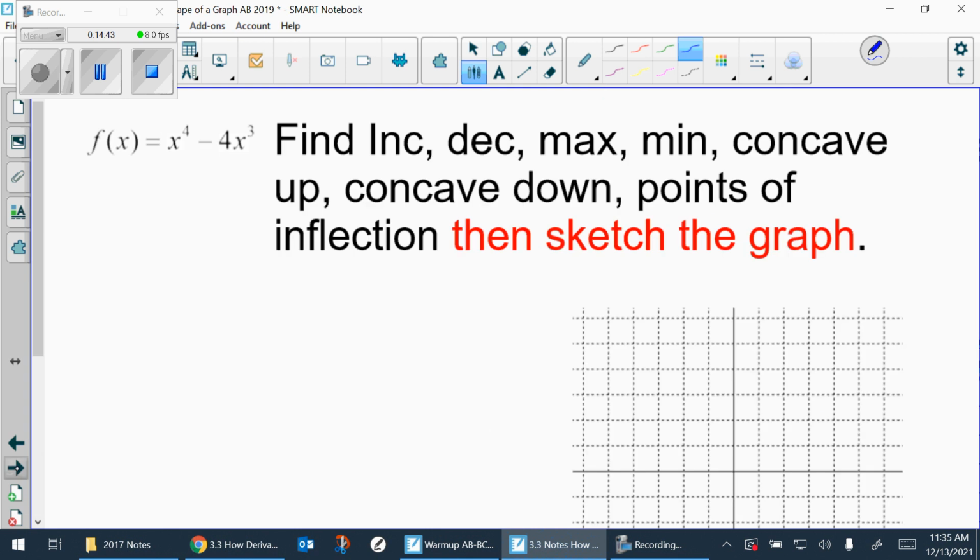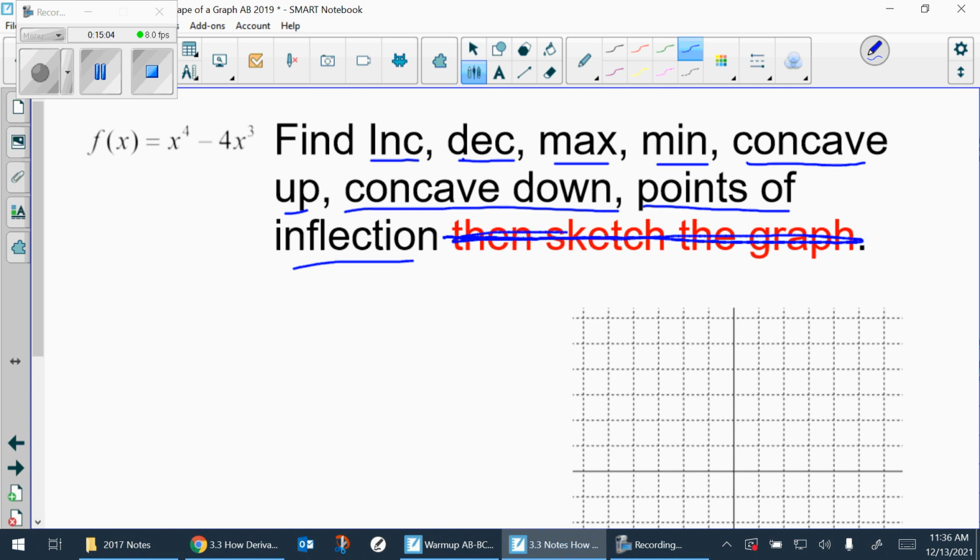Now, the next two slides have examples. Finding all 7 of these: increase, decrease, max, min, concave up, concave down, points of inflection. Then sketch the graph. You know what? AP doesn't get all hung up on you sketching the graph. I'm not going to either.